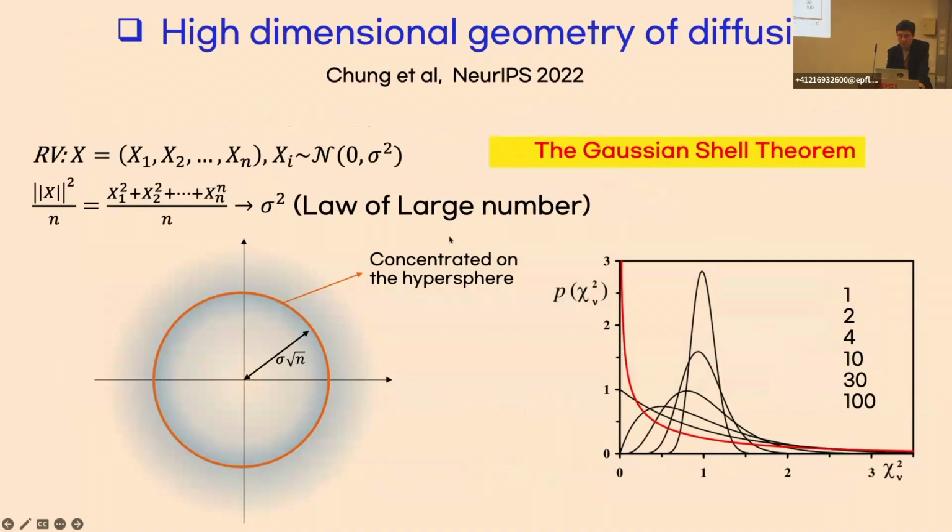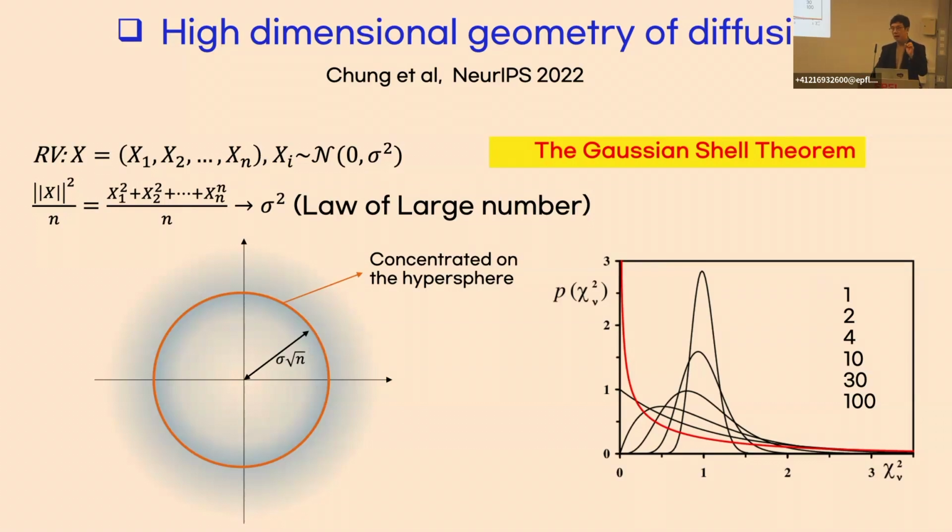Because if you have independent n-dimensional Gaussian noises, and you see the distribution in the high-dimensional space, it's not centered at zero. Interestingly, it is centered around the shell of a hypersphere, whose radius is sigma root n, because of the law of large numbers, and the measure is concentrated in this region. This is the so-called Gaussian annulus theorem.